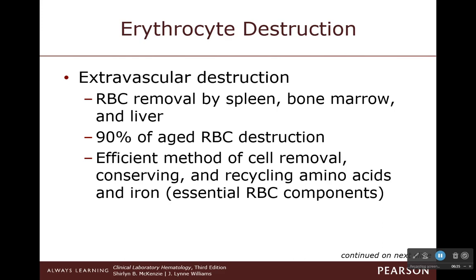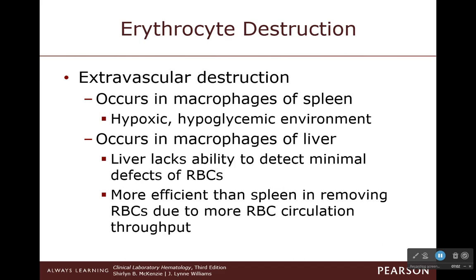We call it extravascular destruction, but hemolysis would be okay to use because that's what's going to happen. 90% of the aged RBC destruction occurs here. It is the most efficient method of cell removal, conserving and recycling amino acids and iron. And this is where they need to occur, all right? Any questions about that?